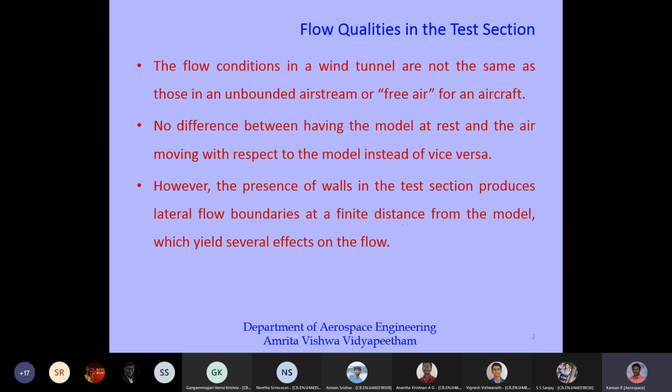So now we will go into the test section. What is the flow quality you are going to expect? What are you expecting in the test section, sir? Any idea? Even you can see from this slide and you can comment on that, please.